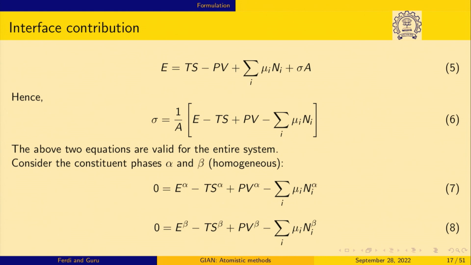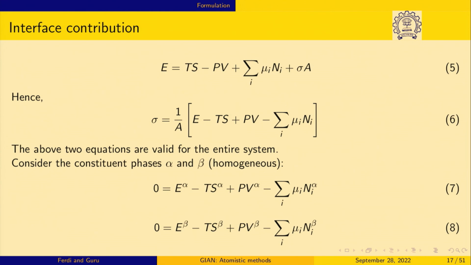Now, if you look at this quantity only for the alpha phase or beta phase, they are equal to 0, right. For a homogeneous system where there is no interface, you should get the interfacial energy to be 0. So, if you substitute E alpha and E beta, you will get 0 there for sigma.